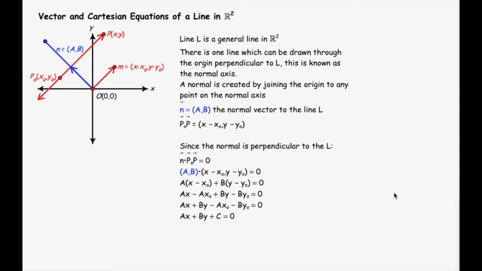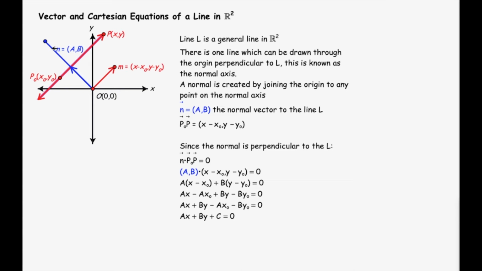All right, now I'm going to show you an alternative Cartesian form of a line, and I want to talk about normals. So we're going to start with line capital L. It's a general line in R2. There's only one line that I can draw through the origin that would be perpendicular to it. So here's my L, capital L right there. From the origin to this line, being perpendicular, there's only one line I can draw.